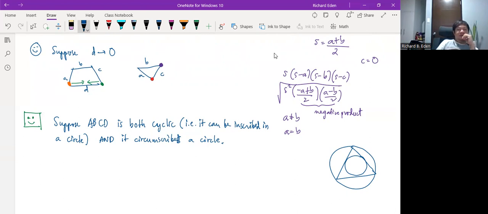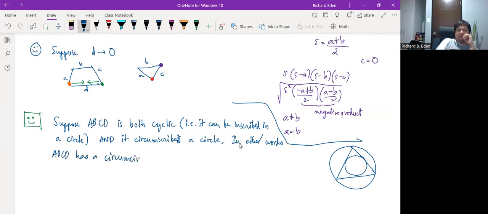None that I know of. Parang wala. Okay. So ito, nung ABCD, meron siyang circumcircle and meron din siyang incircle. So in other words, A, B, C, D has a circumcircle and incircle.